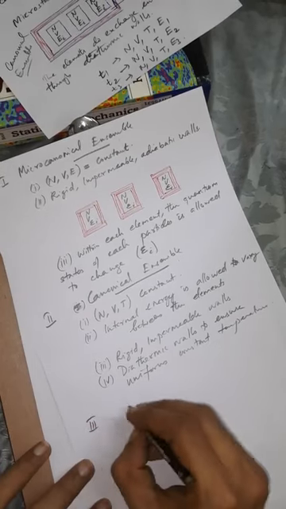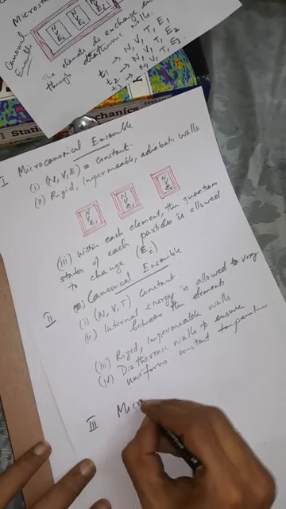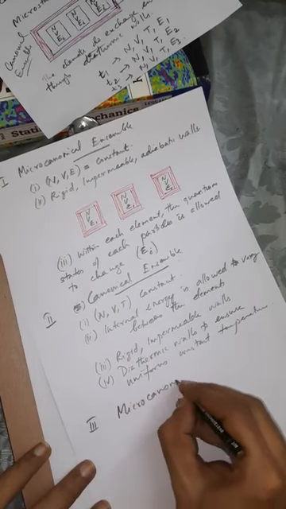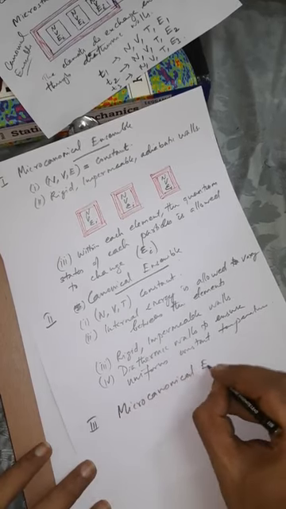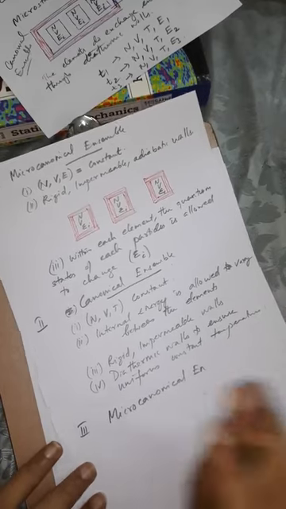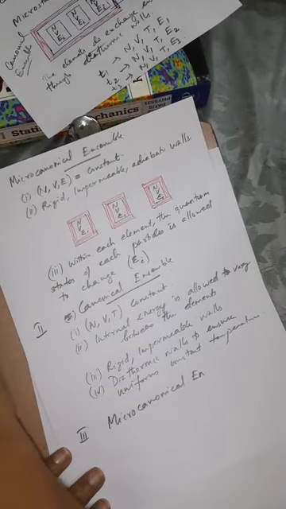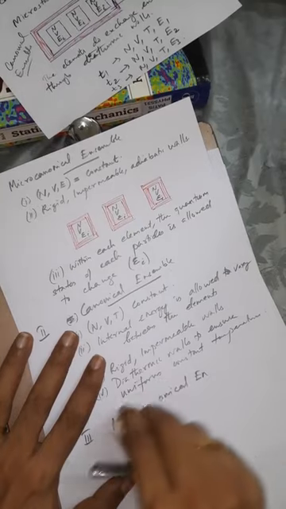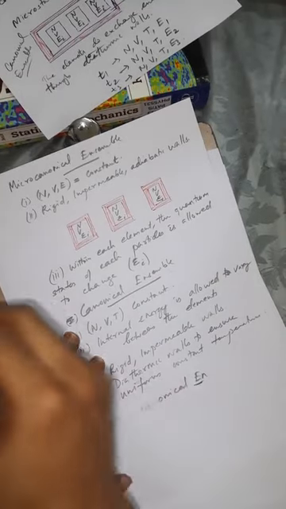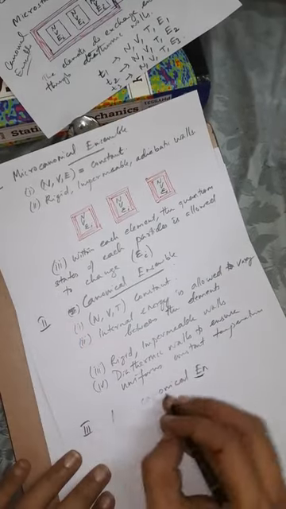So the third one is called the grand canonical ensemble. Sorry, I was thinking something else. So what is it called? The grand canonical ensemble.